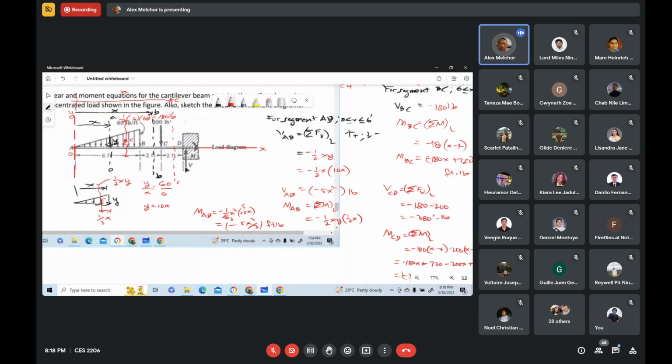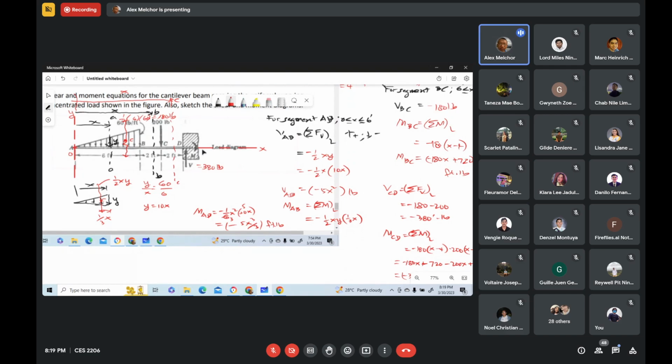This V here can be determined by static equation. Our V is equal to the sum of those two forces. So that is 200 plus 180, that's 380, right? Pounds.